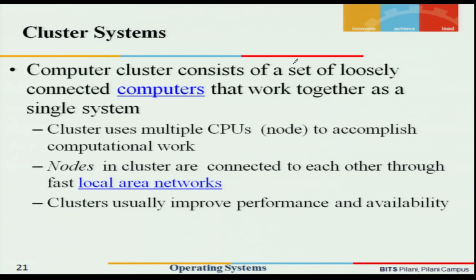So if I have two 3 cross 3 matrices and 9 machines, I can multiply in parallel and find the matrix multiplication. Each node, each machine, is capable of performing the task. That is the reason we say that a cluster uses multiple CPUs to accomplish a computational work.